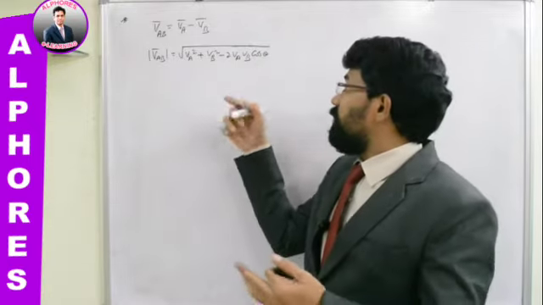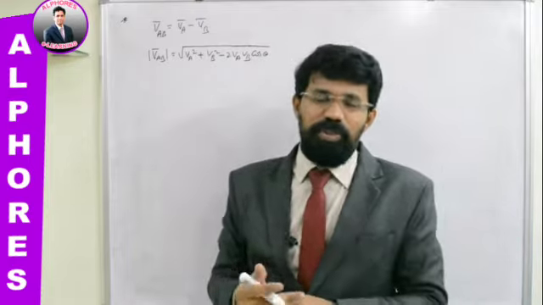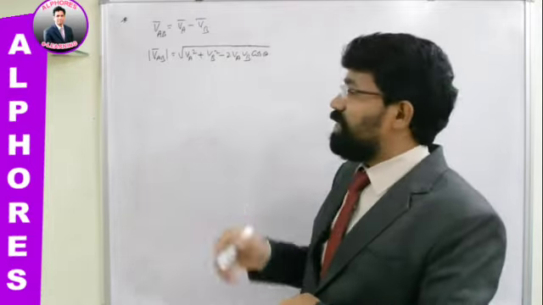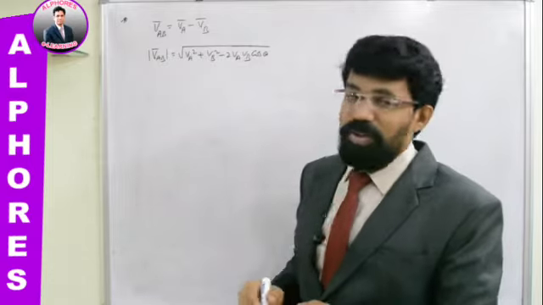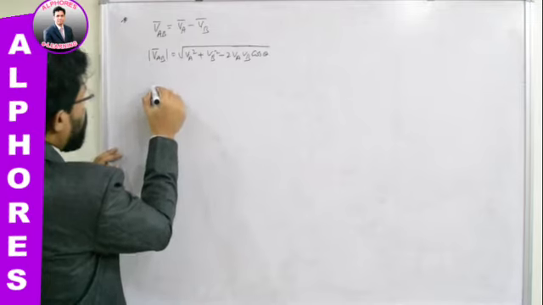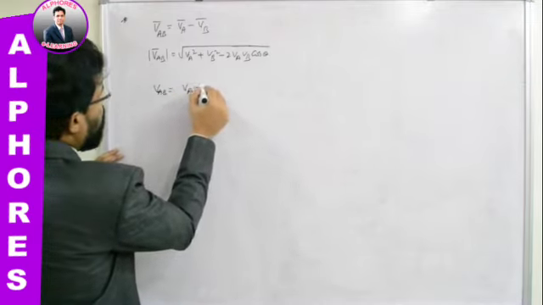Based on the theta value, you will have different values for this. If theta is 0, both objects are moving along the same direction. Cos 0 is 1, so the magnitude of relative velocity of A with respect to B is VA minus VB.